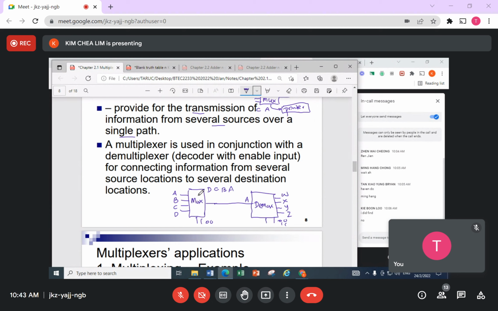So this is what is meant by this, and it is used very commonly in fixed line telephones. If at home you still have a fixed line telephone, they use this type of concept. Because we cannot be laying too many cables, it is very expensive. So they lay one cable, and they go to, say, Penang, where there are a lot of users. So which user they set up.